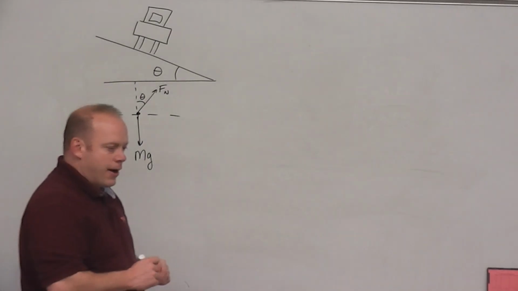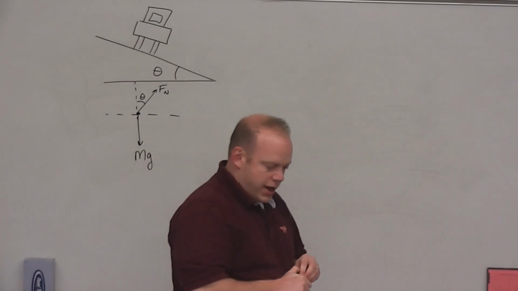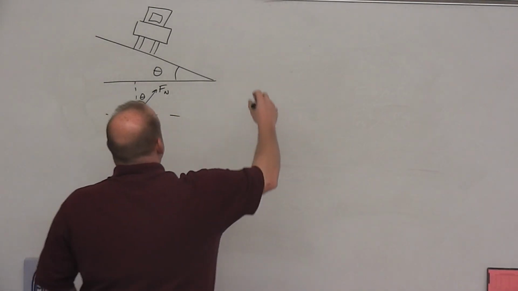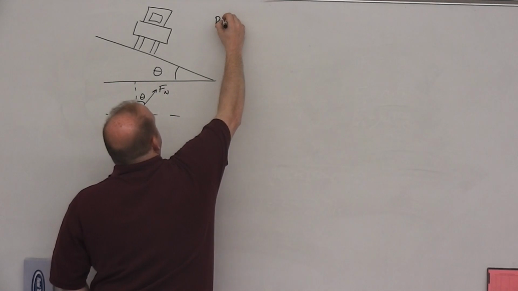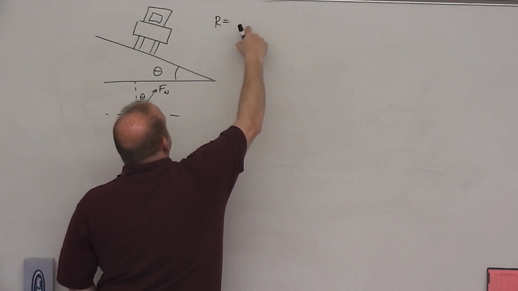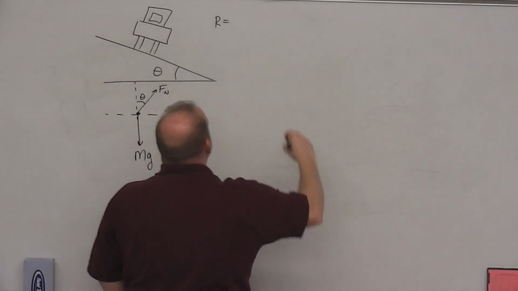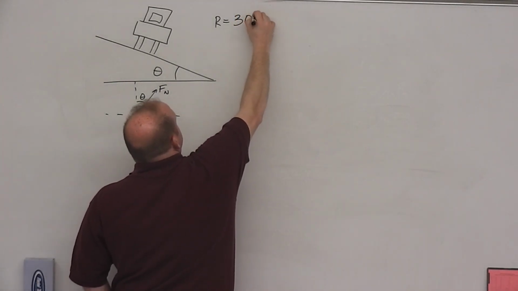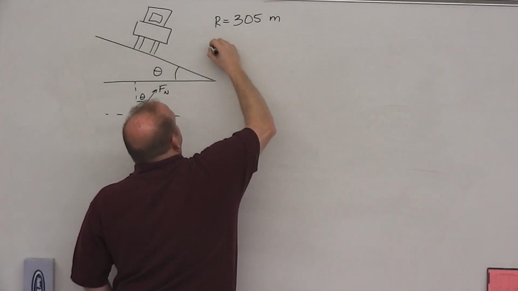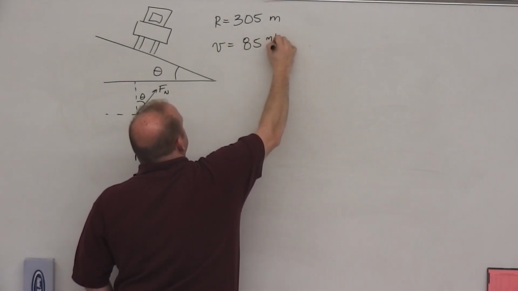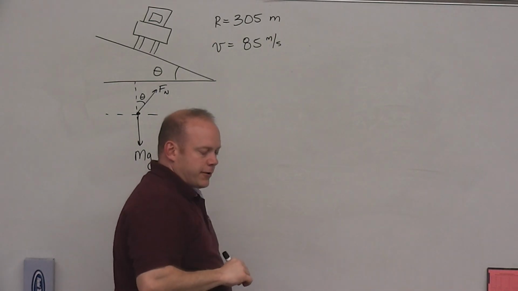Now, we know at Daytona International Speedway, the radius of curvature for the two turns is 305 meters. And I know that cars will typically go about 85 meters per second. It's about 190 miles per hour.